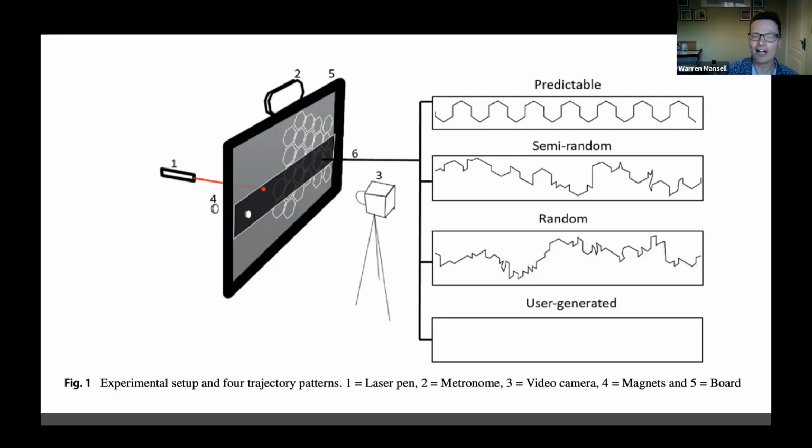The prey either had to follow a predetermined path, which could be very predictable, semi-predictable or completely random, but still heading in the direction of the right-hand side, the escape area, or they could move completely of their own free will.